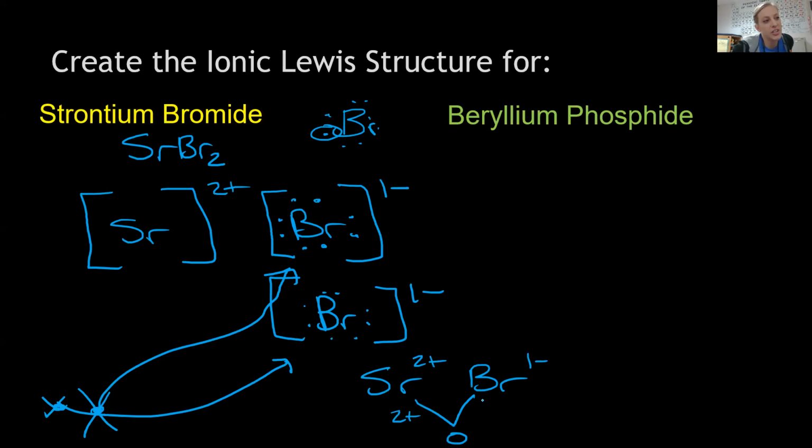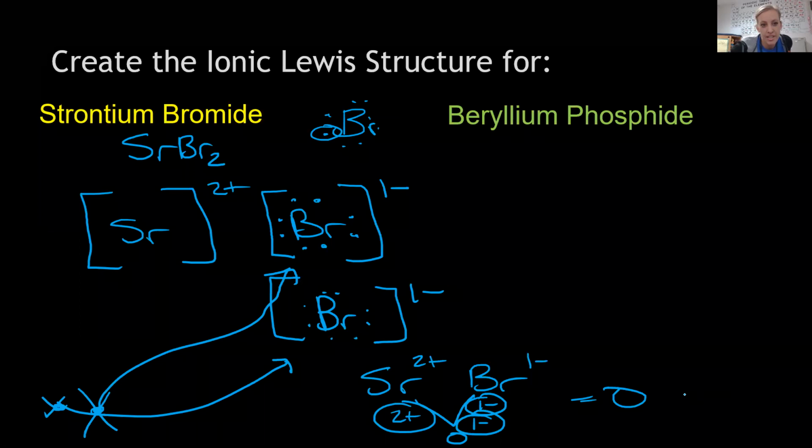I can't change what I write. I can only change how many. So if I have +2 and -1, I need more negatives. So I write another -1. That gives me 1 strontium and 2 bromines to get to 0. Okay. I know that's real tough.